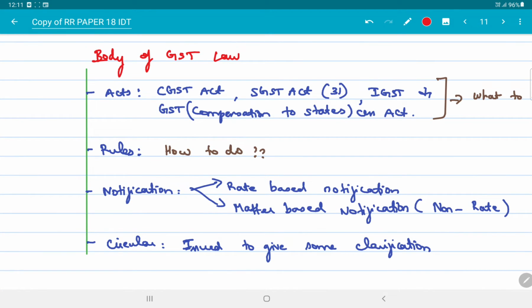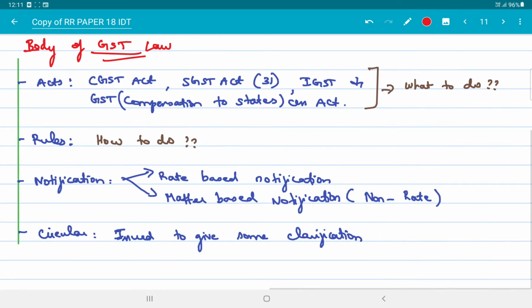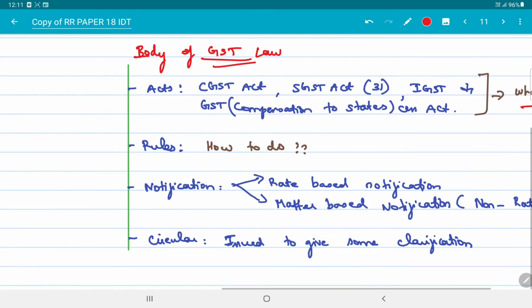Now we are going to see the body of GST law, which is common in both direct tax and indirect tax. You have various acts in GST also: CGST Act, SGST Act, IGST Act, Compensation Cess Act, UTGST Act. The Act will talk about what to do. Rules will talk about how to do.